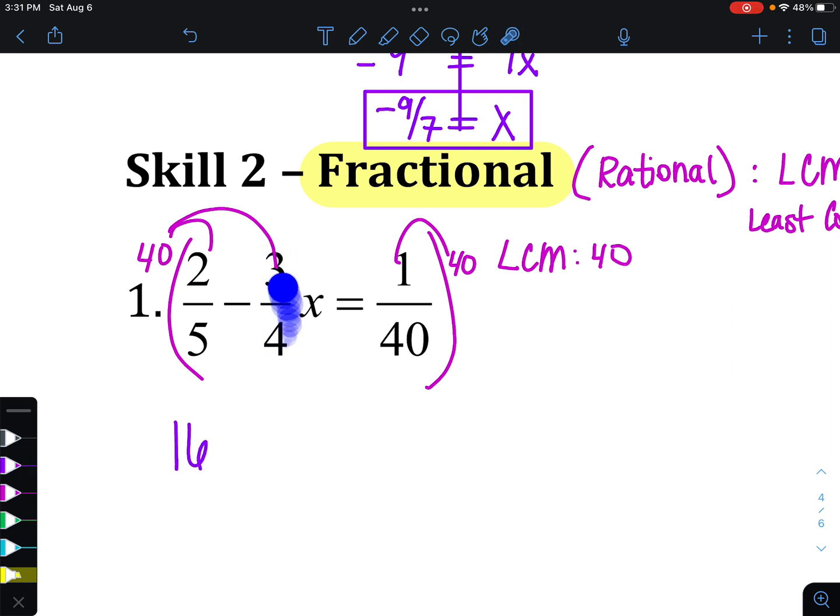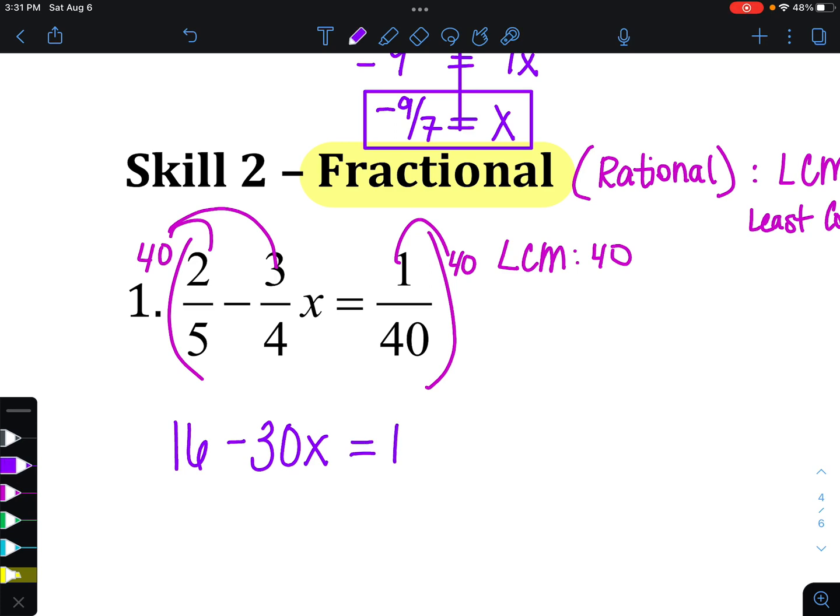When we distribute here, 40 times 3 divided by 4, now, when you're multiplying and dividing, we can also do 40 divided by 4 is 10. 10 times 3 is 30, and that's a minus sign. So minus 30x. Notice there is an x there. And then when we multiply this guy by 40, 40 times 1 is 40, divided by 40 gives us 1, right?